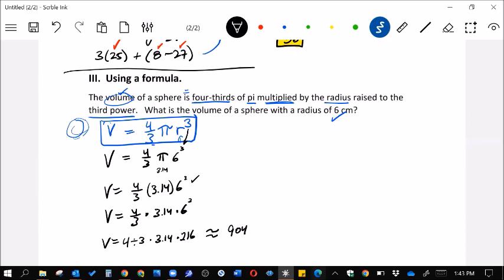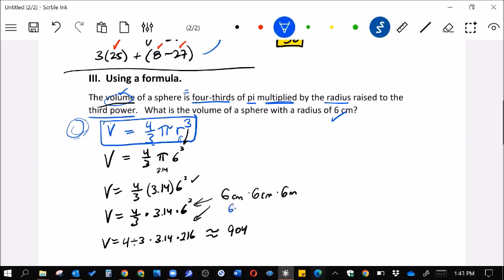Okay, let's talk about that answer. All right, now the volume, 4/3 of pi multiplied by the radius raised to the third power. So when we're at this point, we have 6, and now watch, I'm going to put the units, centimeters, times 6 centimeters times 6 centimeters.